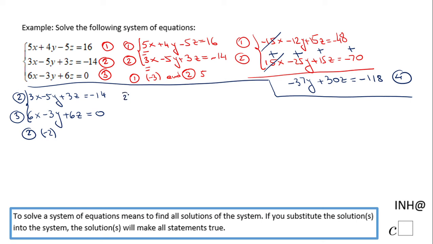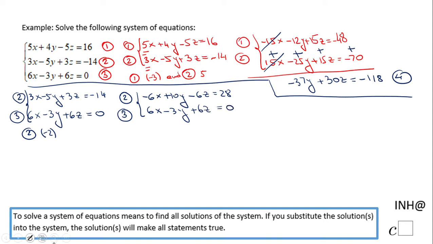So equation number 2 becomes negative 6x plus 10y minus 6z equals positive 28, and equation number 3 will stay the same, 6x minus 3y plus 6z equals 0.